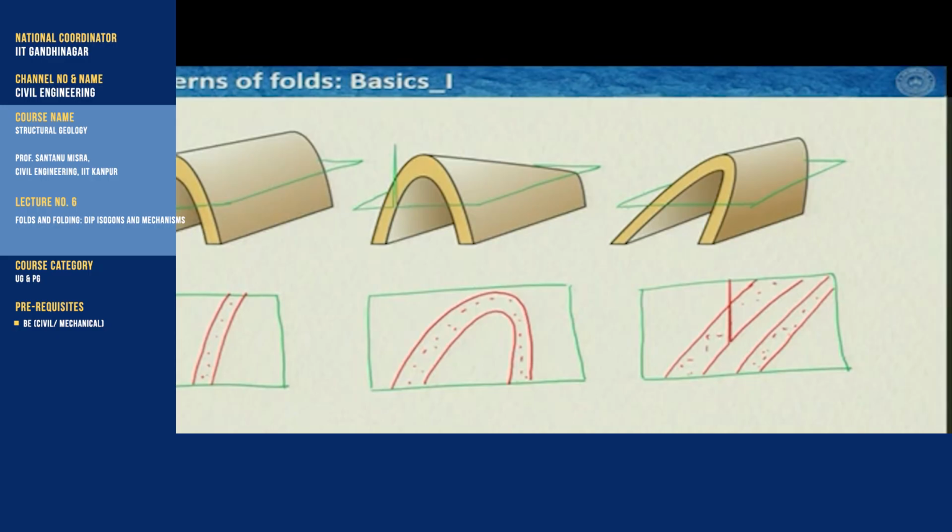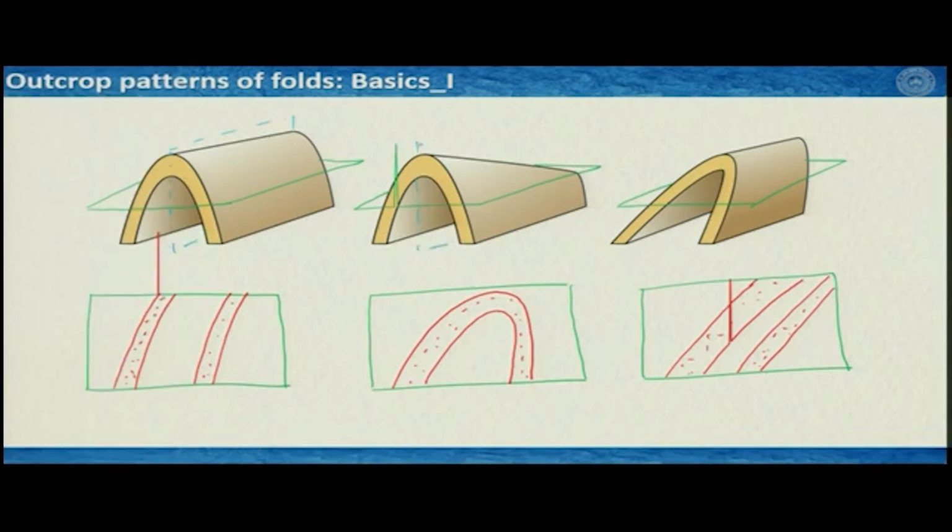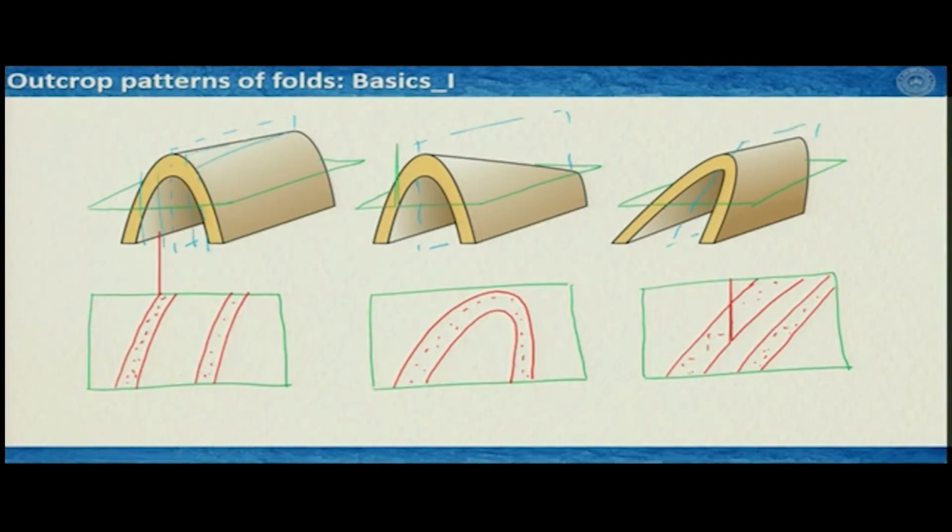Now can we draw the axial trace? The answer is yes. So in this case the axial trace would be something like that. Again it is here like this, and here these are the axial planar cleavages that would form successively like this, like this, like this, and so on.